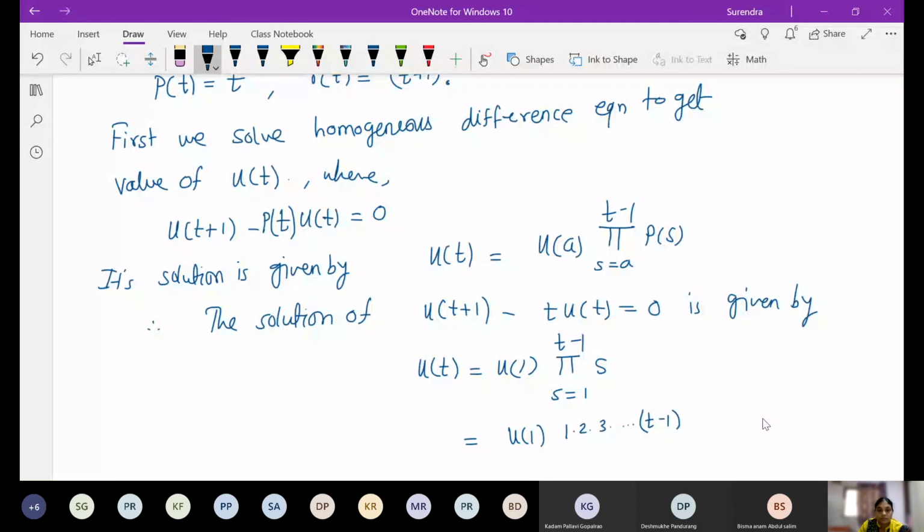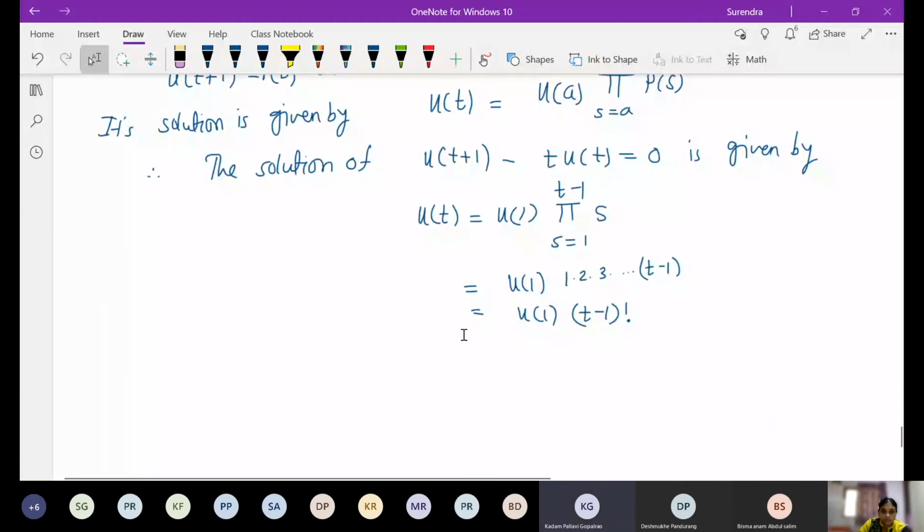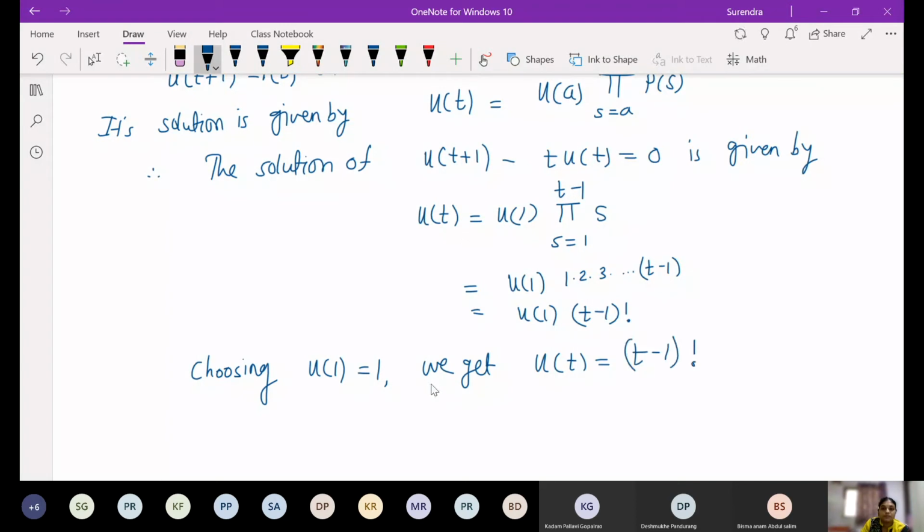So this will be u at 1 into t minus 1 factorial. So u_t is nothing but this, so choosing u at 1 equal to 1, we get u_t equal to t minus 1 factorial. Is that okay?